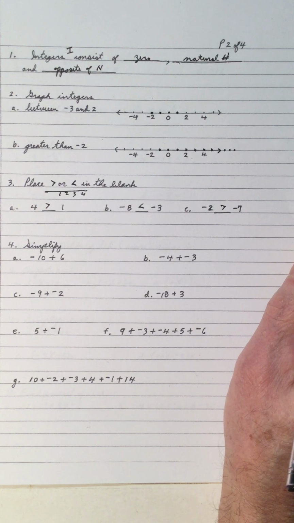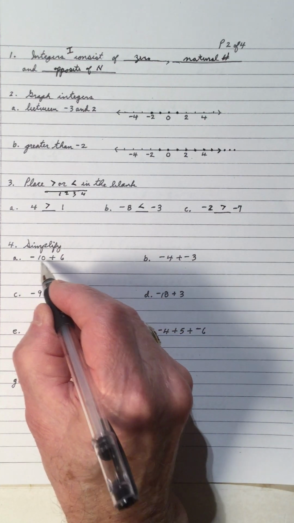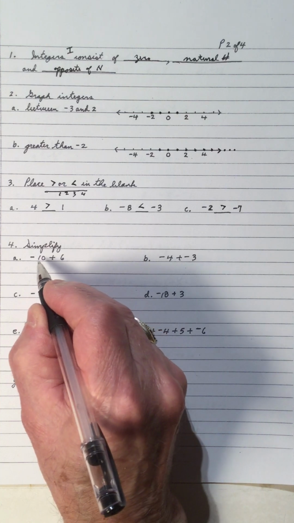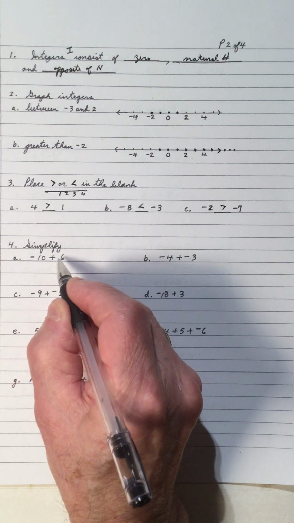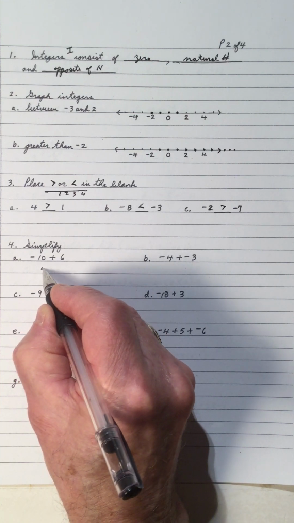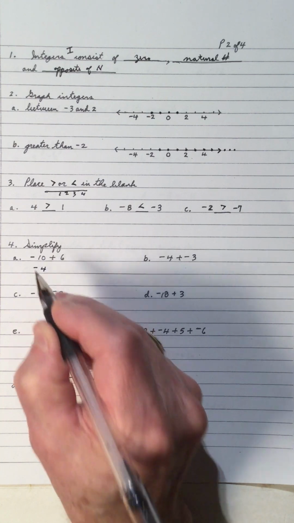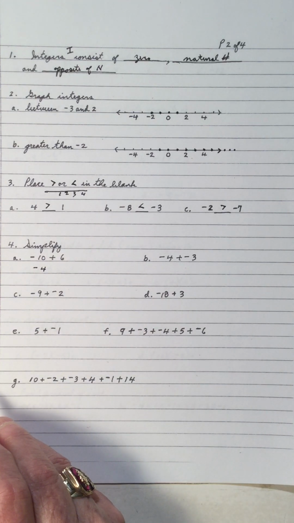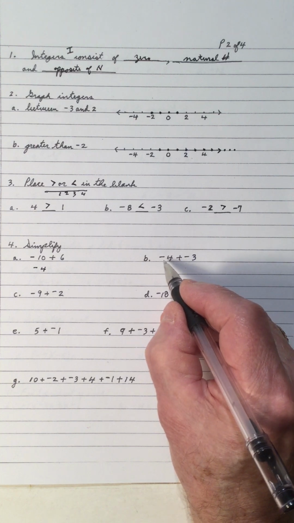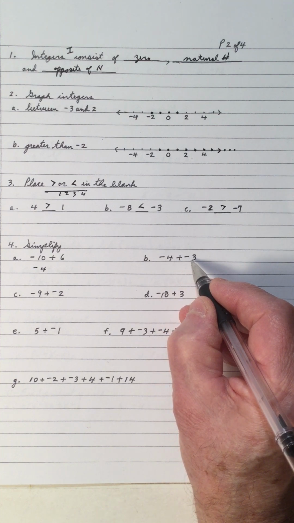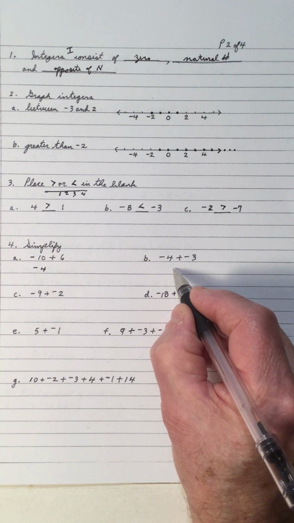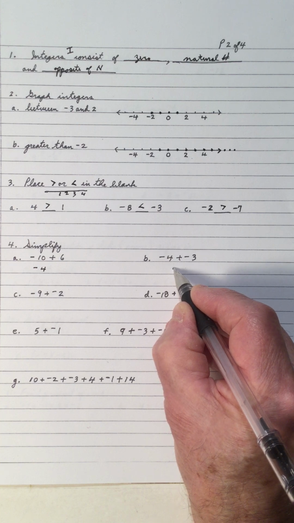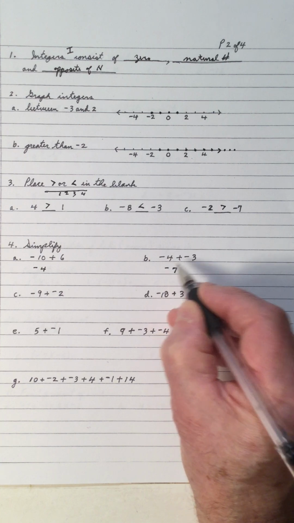Number 4, simplify. -10, add on 6. Well, we have a negative and a positive, so we subtract the two numbers, we get a 4, but there's more negatives. That's the way I do it. If I have a -4, add on -3, the two of them are negatives, so I add them up, 4 plus 3 is 7, and they're negative.